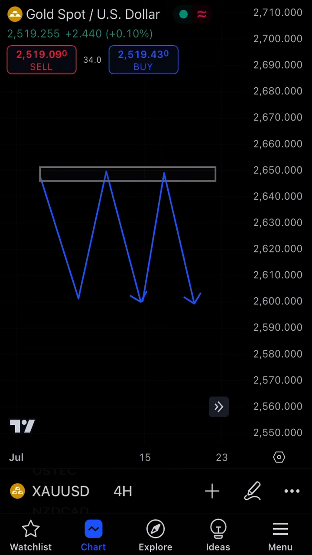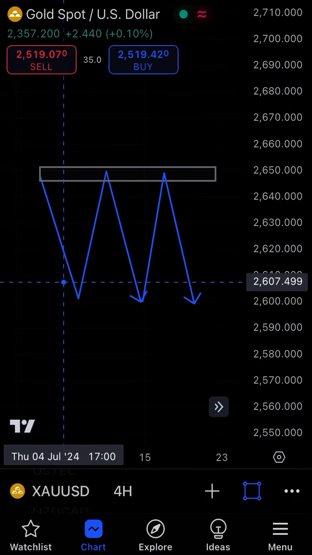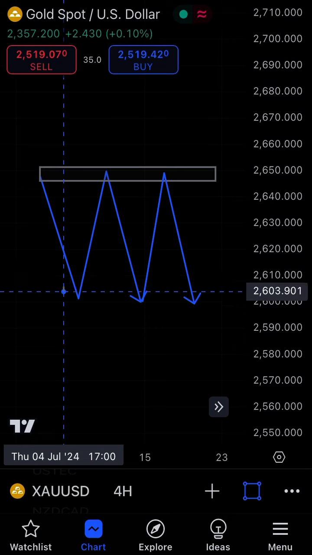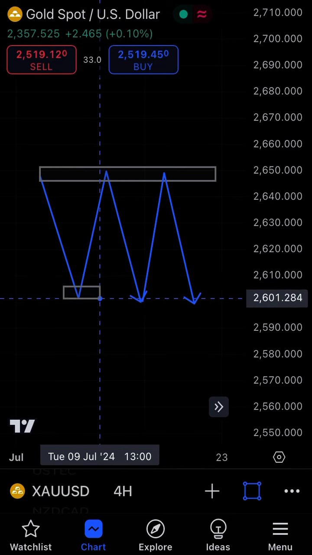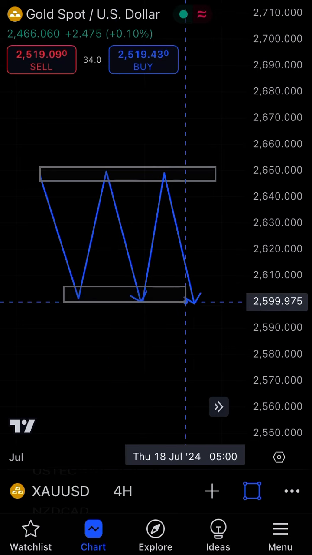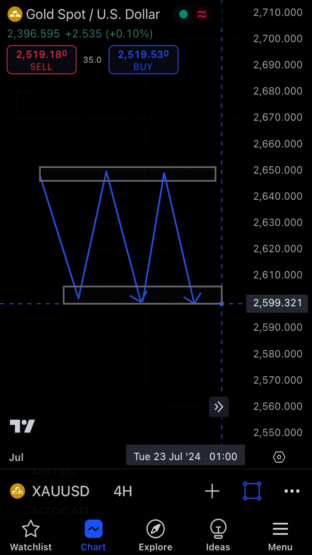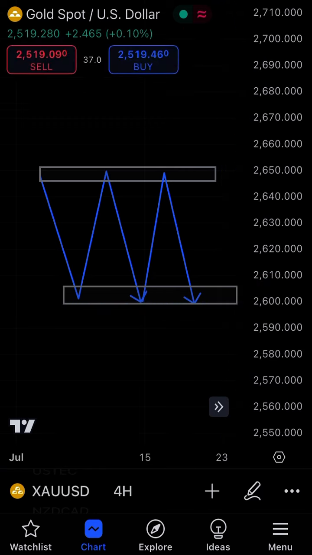Okay, so for support, any level where price buys from is called a support level. Now check this out. Okay, so we can clearly see that at this point here the market went up. So the market went up from this level. So what we'll do, we'll mark it out and wait for price to come back to that zone. Okay, so this zone here is called a support.